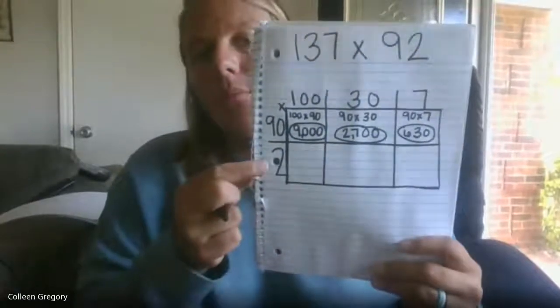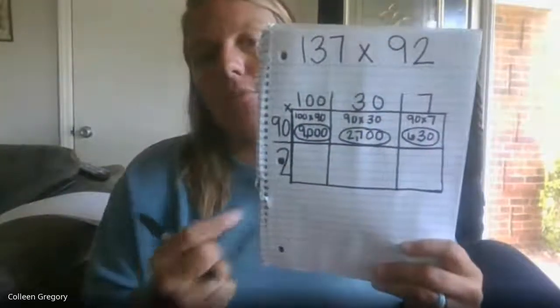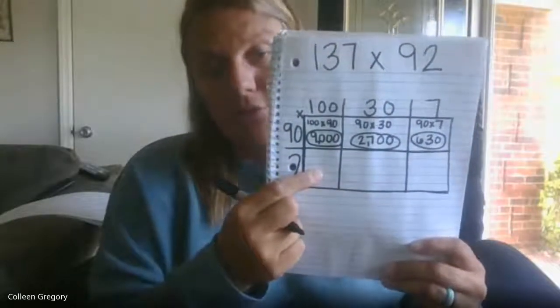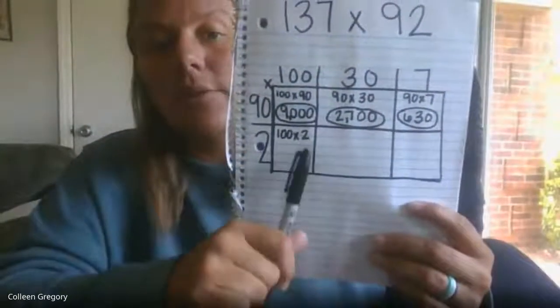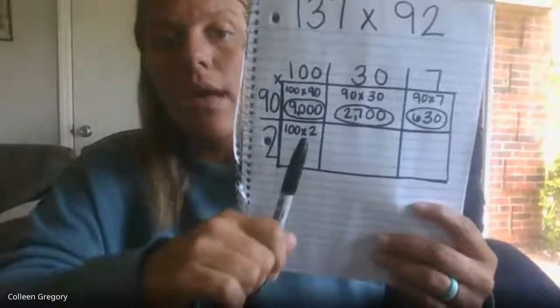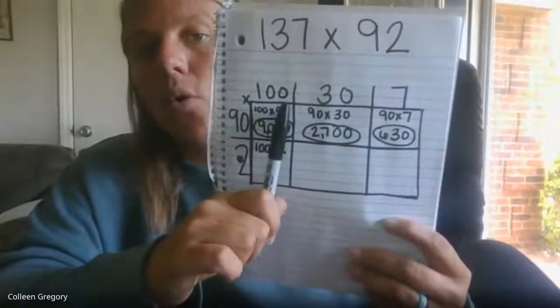Okay, now I'm going to multiply 2 times all of these numbers to get this entire row. So this box, I'm going to multiply 2 times 100. So I'm going to write 100 times 2. Now, we may be able to do this in our head. We may not. So using the same strategy, 2 times 1 is 2. And I need to count how many zeros are holding a place value.